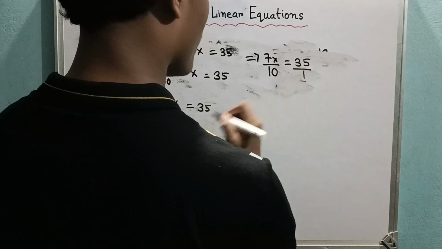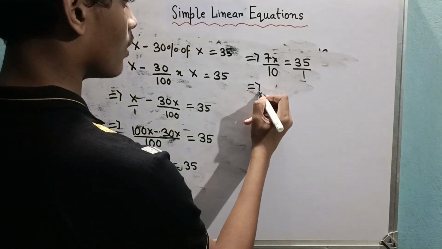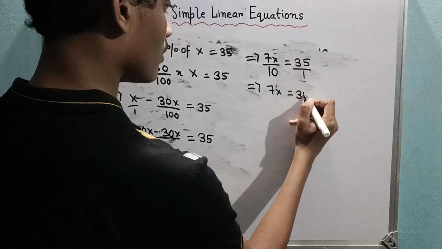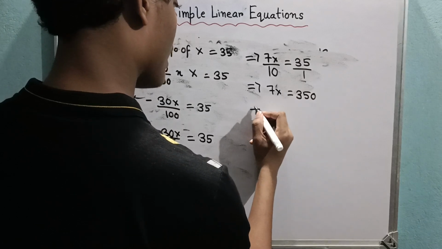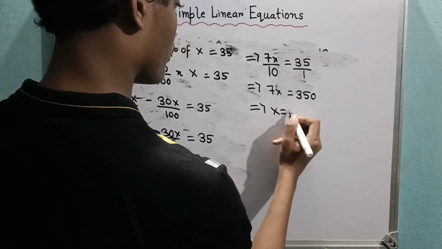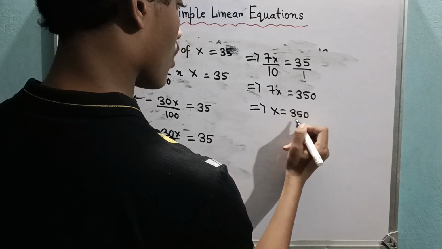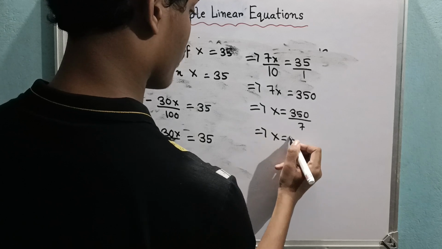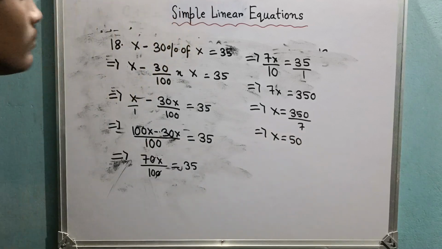Now, let's put up 1 here and do the cross multiplication. So 7x equal to 35 into 10, and that is 350. And here we can get that x equal to 350 by 7, or x will be equal to 50. So this is also one more type of sum.